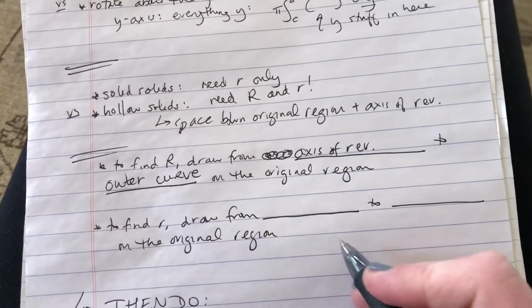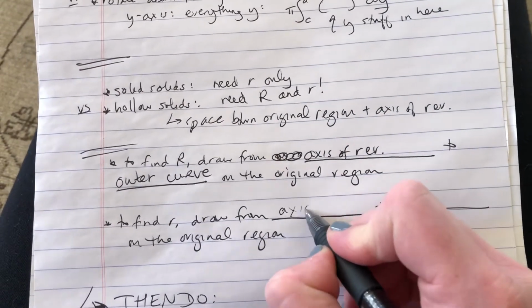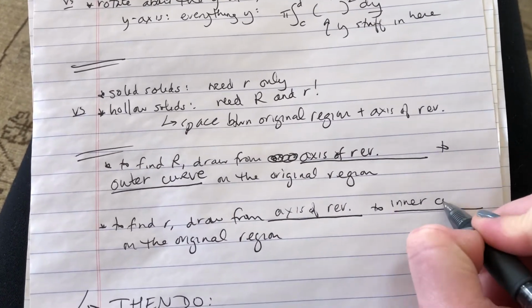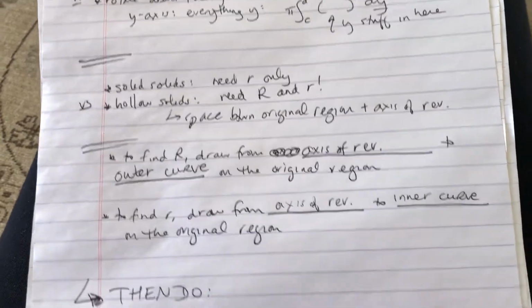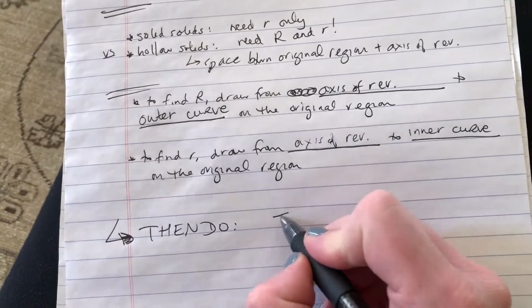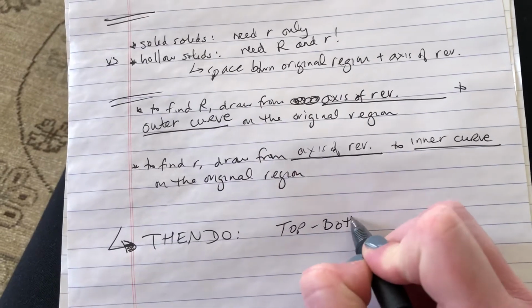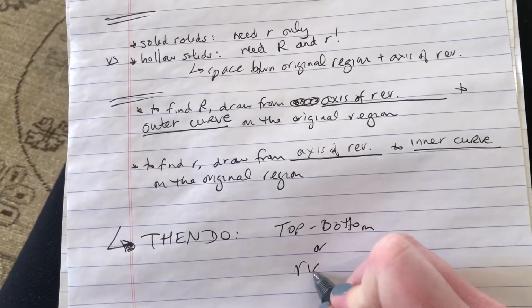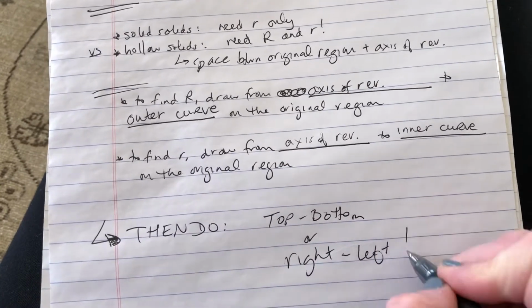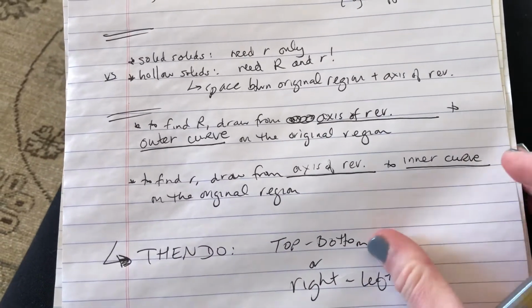And then to find little r, you're going to draw from the axis of revolution, just like last week, to the inner curve on the original region. And then, just like we did with both area and the volumes preceding this, you do either top minus bottom or right minus left to figure out what big R and little r are. All right, let's do some examples.